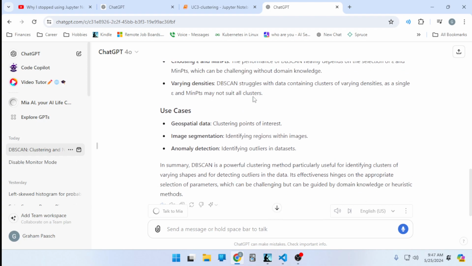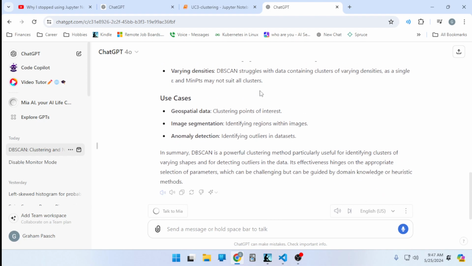Varying densities: dbScan struggles with data containing clusters of varying densities, as a single epsilon and min-pts may not suit all clusters. Use cases: geospatial data, clustering points of interest. Image segmentation, identifying regions within images. Anomaly detection, identifying outliers in datasets. In summary, dbScan is a powerful clustering method particularly useful for identifying clusters of varying shapes and for detecting outliers in the data. Its effectiveness hinges on the appropriate selection of parameters, which can be challenging but can be guided by domain knowledge or heuristic methods.